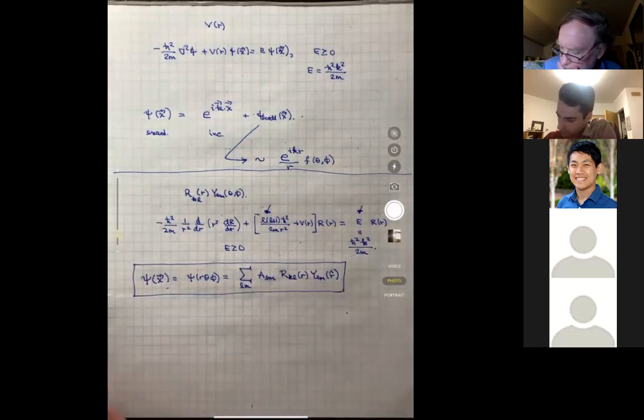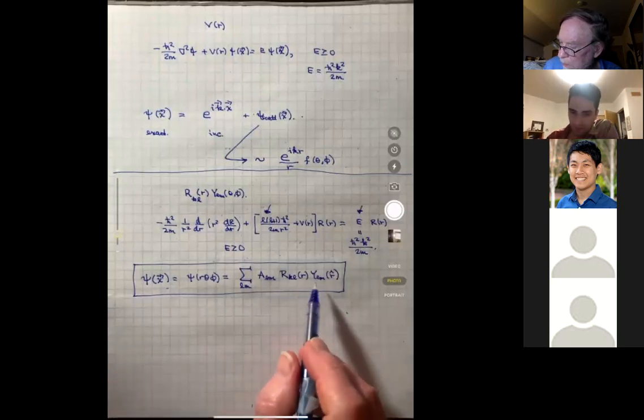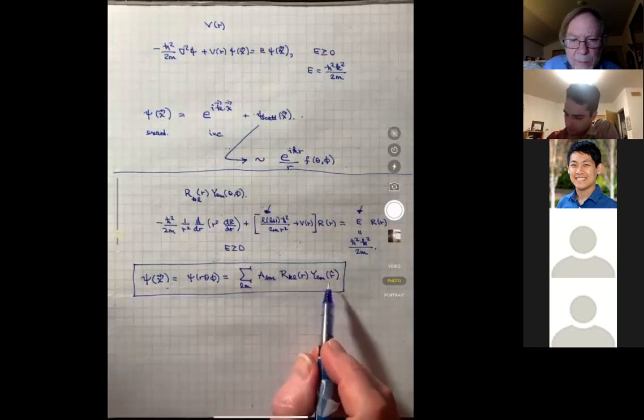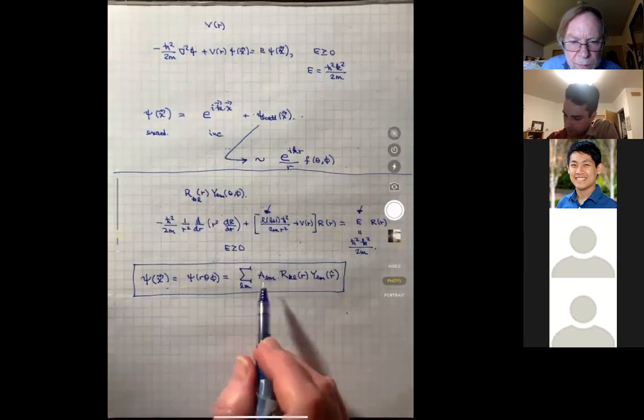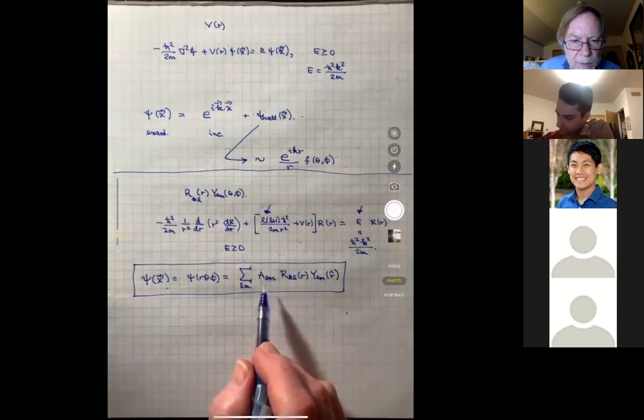This is the expansion of the exact solution that gives us the angular dependence expanded as Y_lms. We obviously don't know yet what the coefficients A_lm are. In fact, we would like to find out what they are as part of solving this problem, but there certainly exist such coefficients that do this.